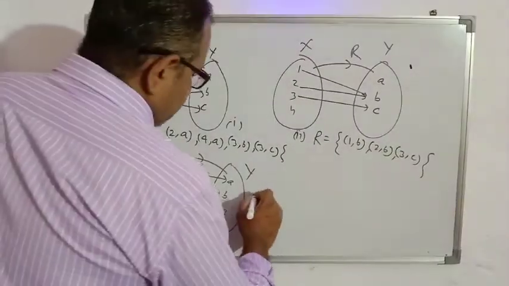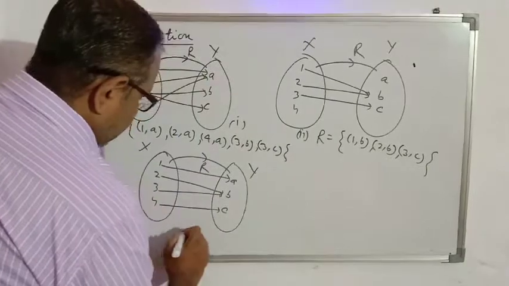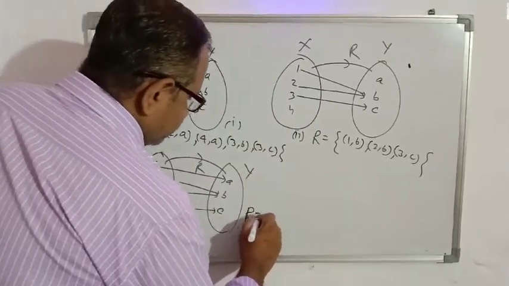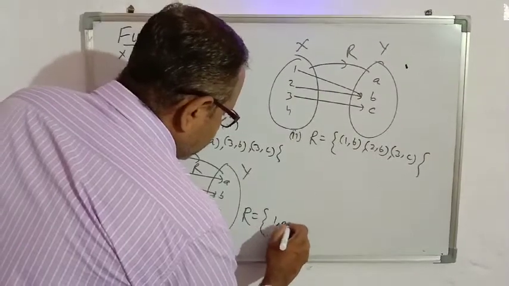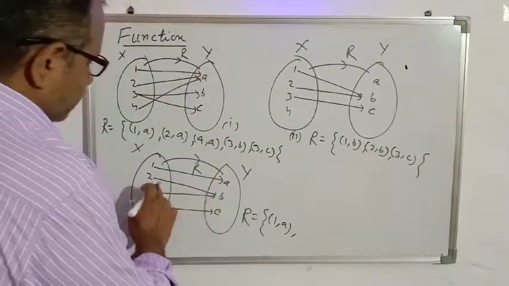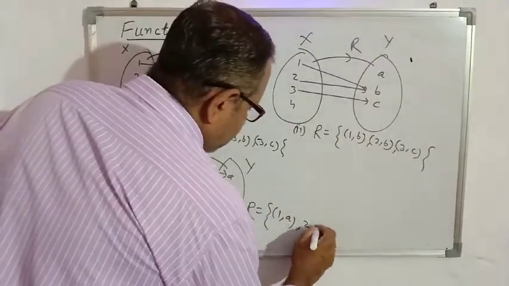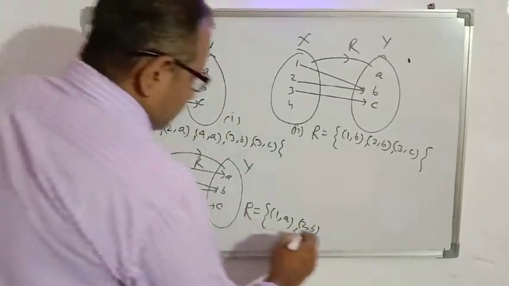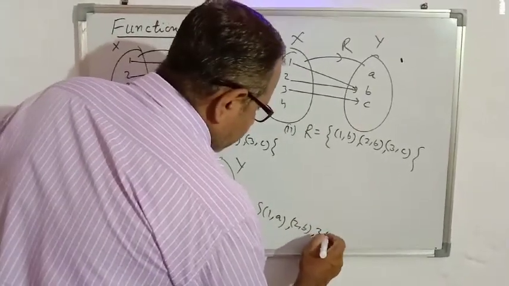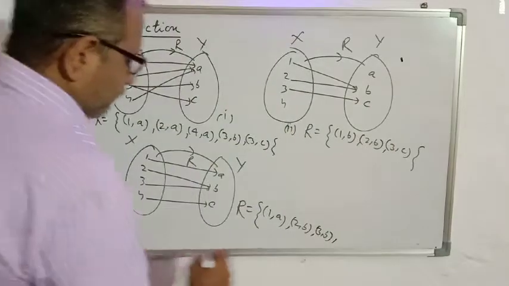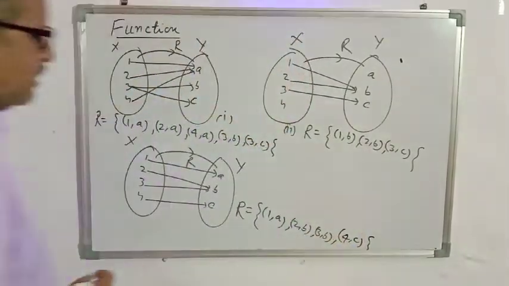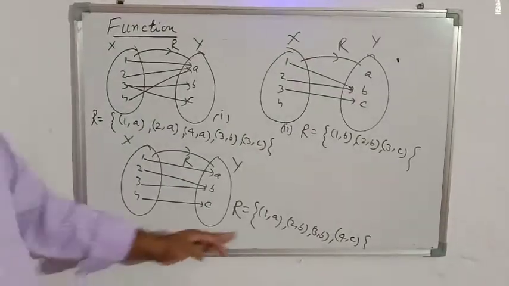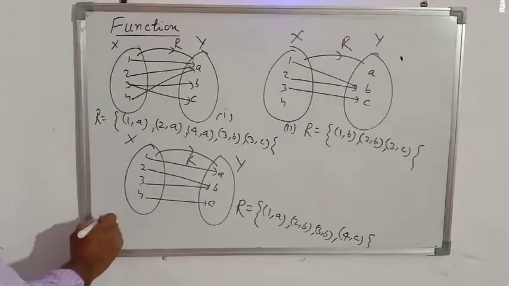We can write this relation like this: 1a, 2b, 3b, 4c. This is the relation in the roster form.